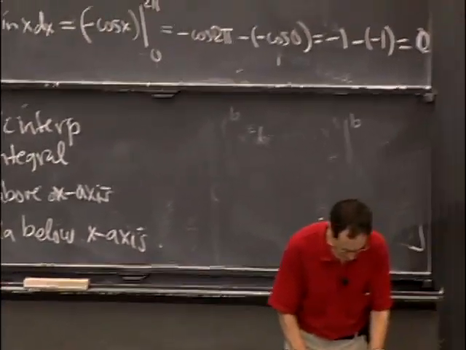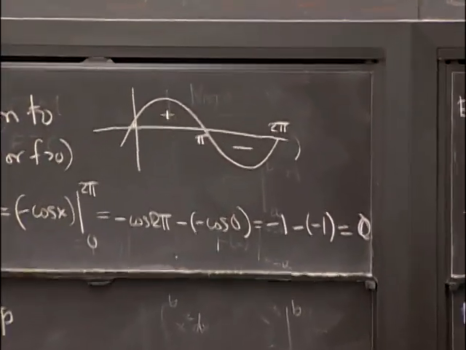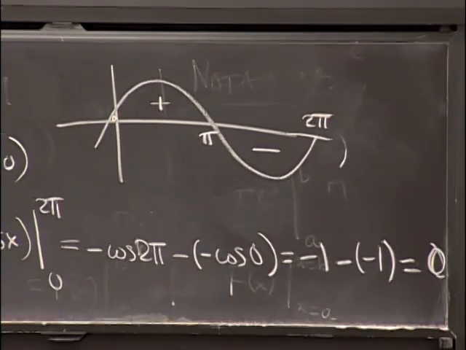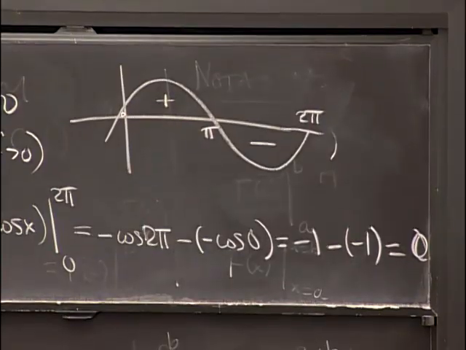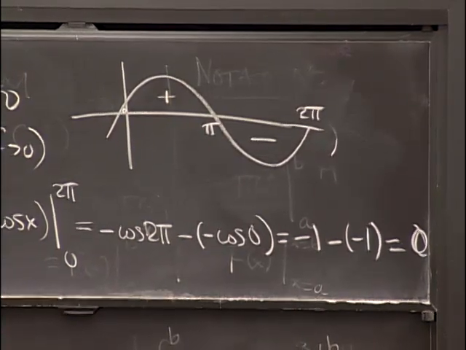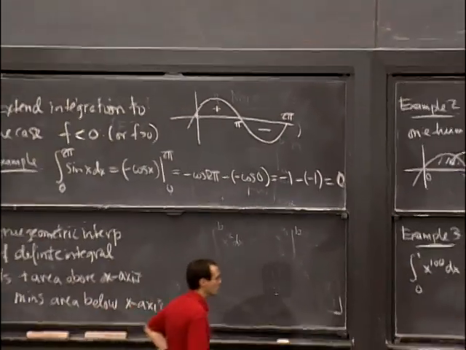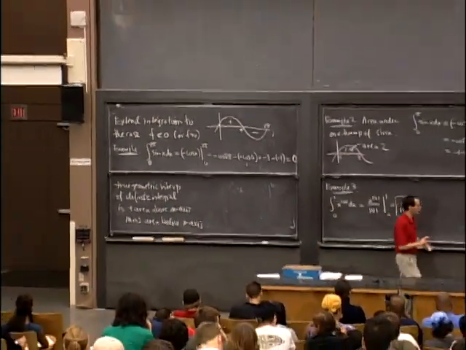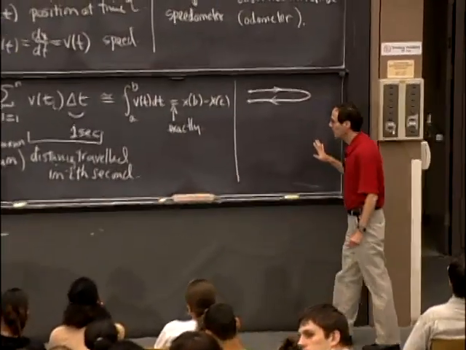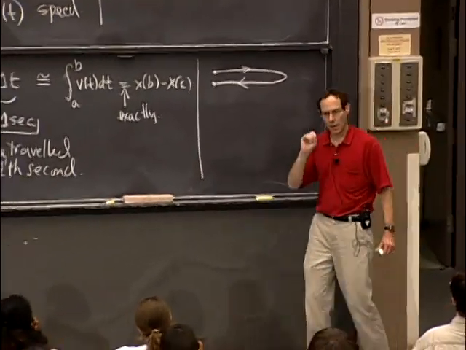And I need to list for you a bunch of their properties and how we deal with integrals. Are there any questions before we go on? Yeah. Just in terms of talking about distance, this is the absolute value of the velocity function to get distance? Right. So the question was, wouldn't the absolute value of the velocity function be involved?